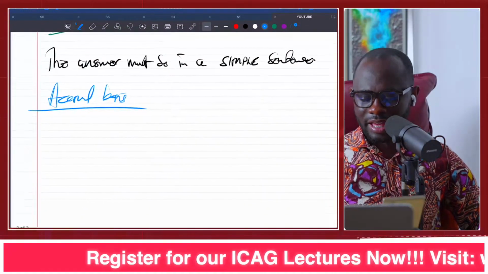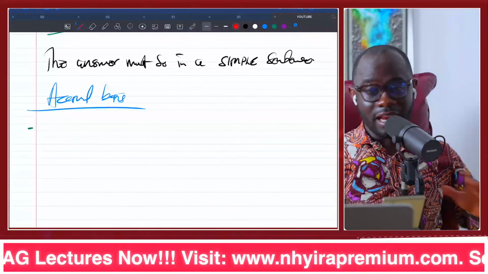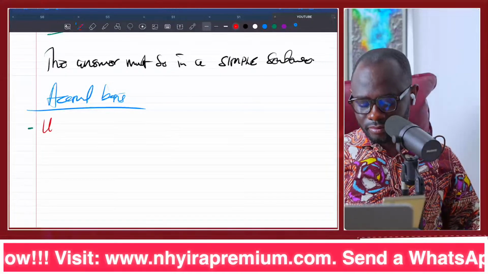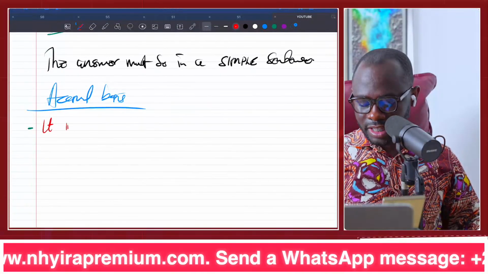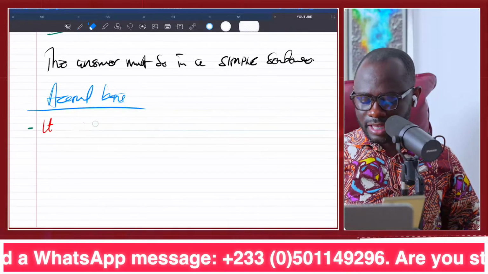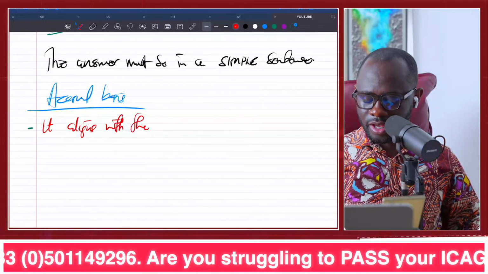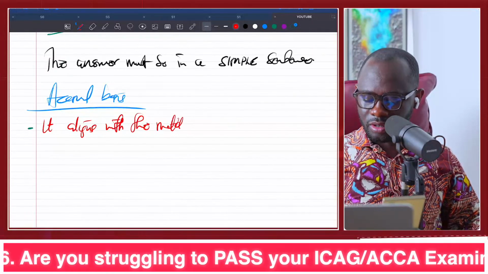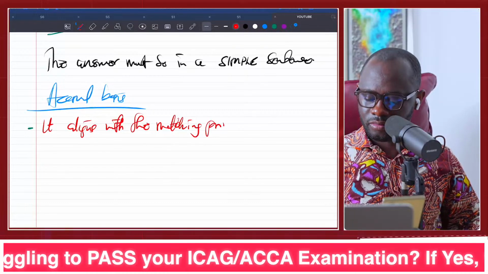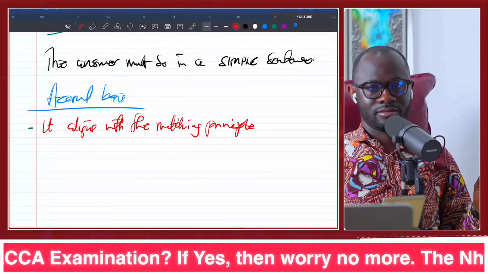How are you supposed to write this out? List, right? It aligns, let me put it that way, with the matching principle. That's what we mean. Simple sentence.